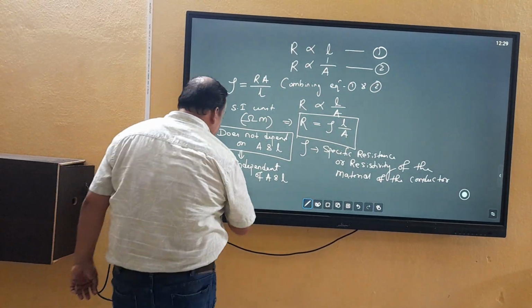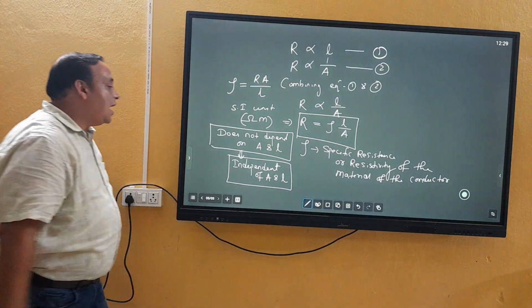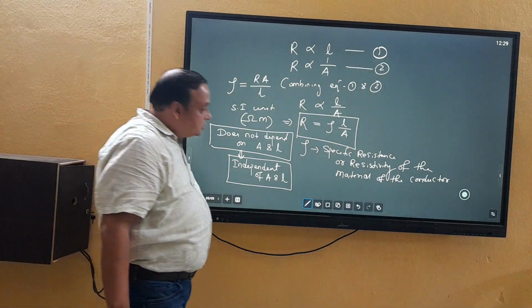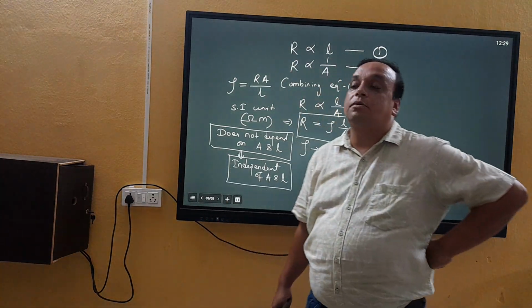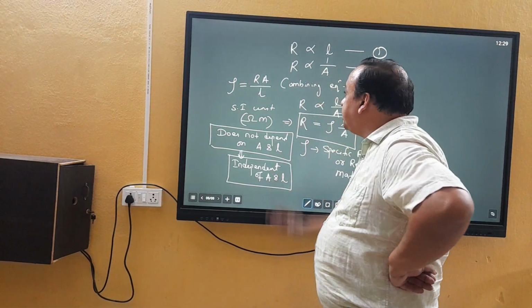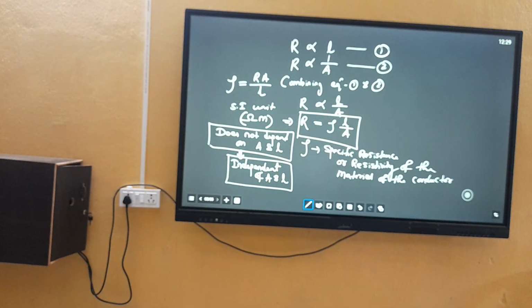Okay? So it is independent of area of cross section and length of the conductor. So this is all about Ohm's law and factors affecting resistance of the conductor. And next class we will discuss details about the resistivity or specific resistance. Thank you.